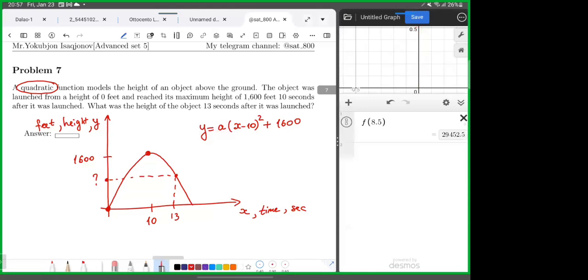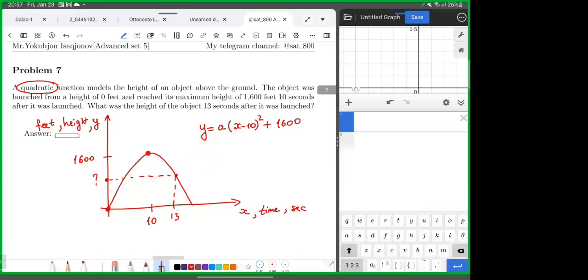For finding a, I will use this point: when x is 0, y is also 0. So 0 equals a times (0 minus 10) squared plus 1600. Solving this, a times 100, because 10 squared is 100, equals minus 1600. You will find a equals minus 16.